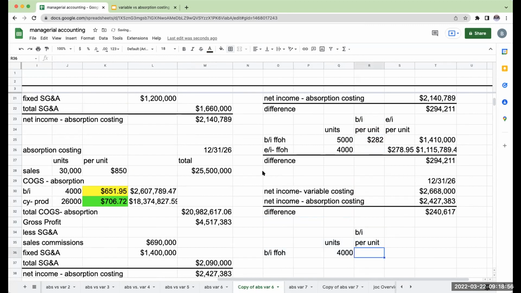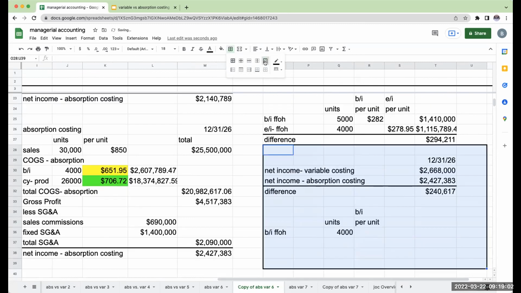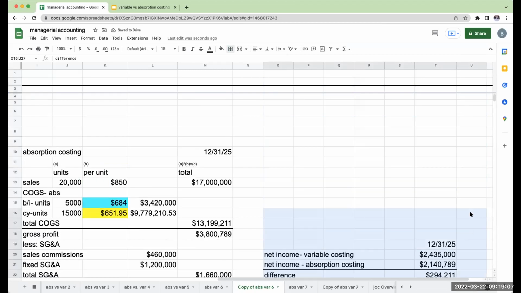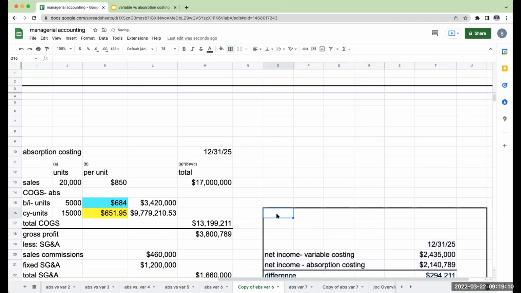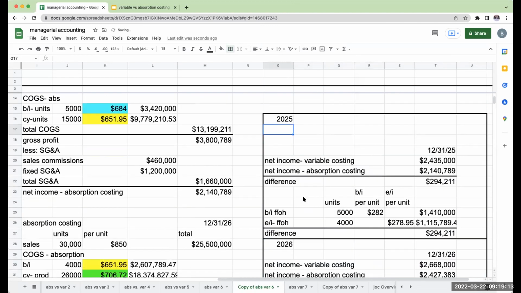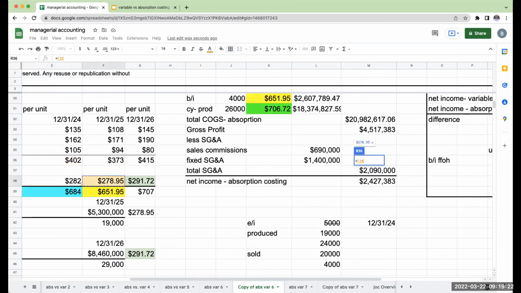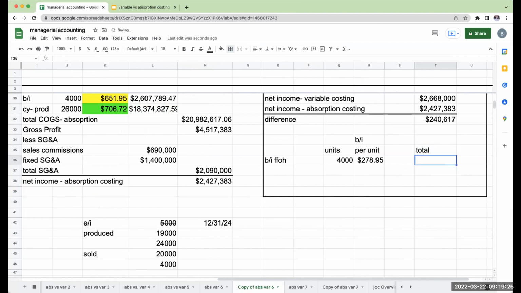Again, this is for 2026. The work we just did up here is for 2025. The per unit for this 2025 amount was $278.95. When I multiply these through, I get $1,115,789.